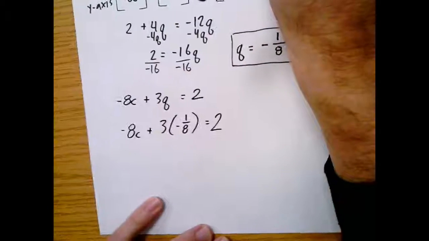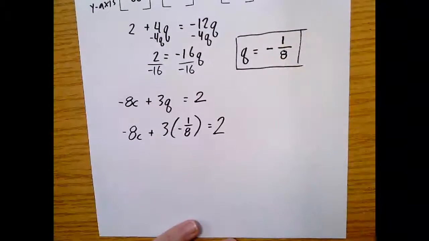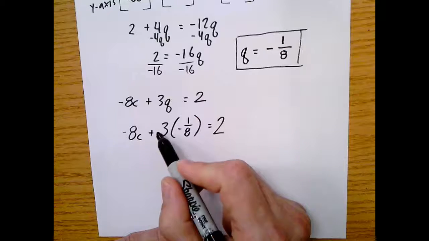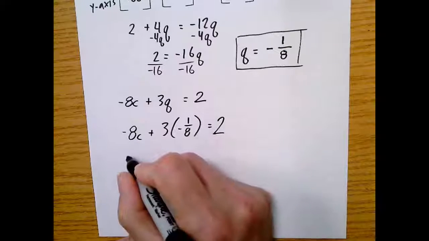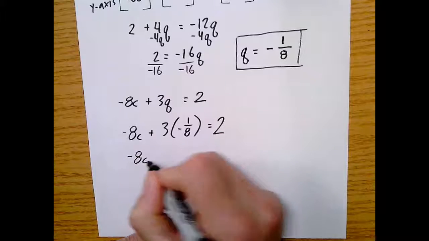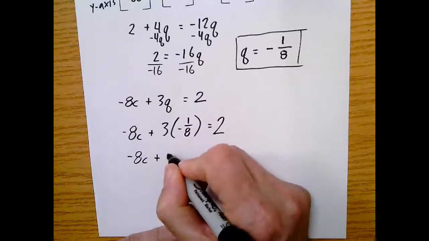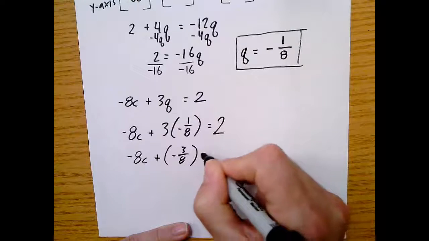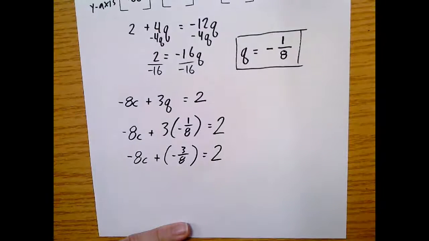Make some space as always. All right, so when we multiply this, this is like saying this is 3 over 1, or the 3 just goes to the numerator. So the next step is just to say negative 8c plus negative 3/8 is 2. Okay, no problem there.